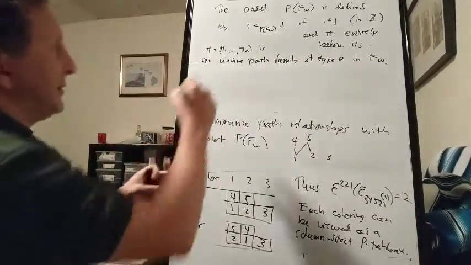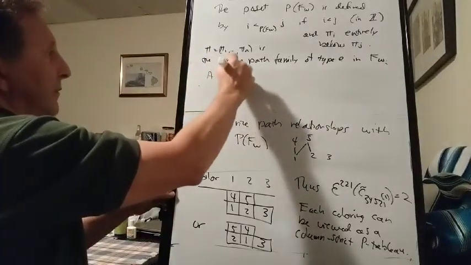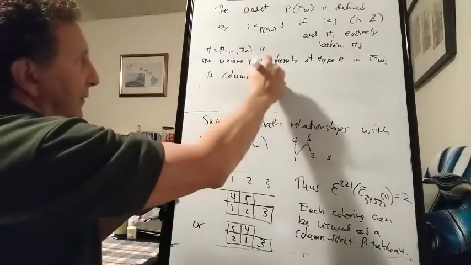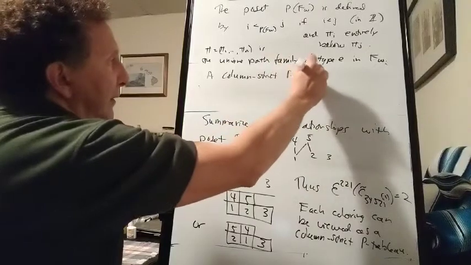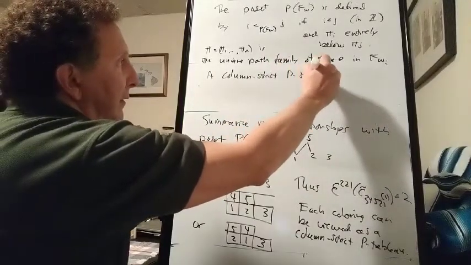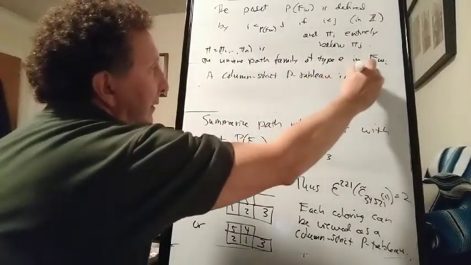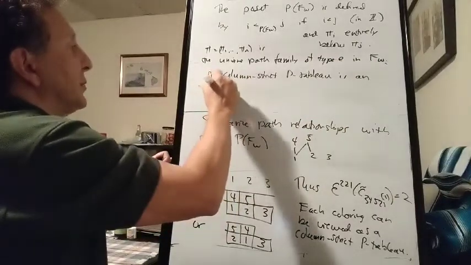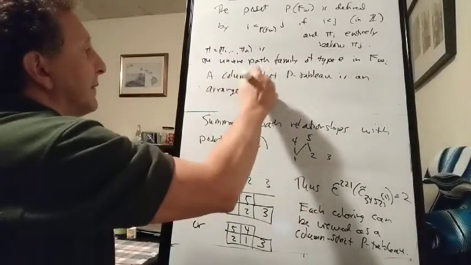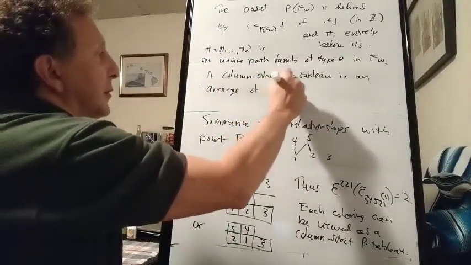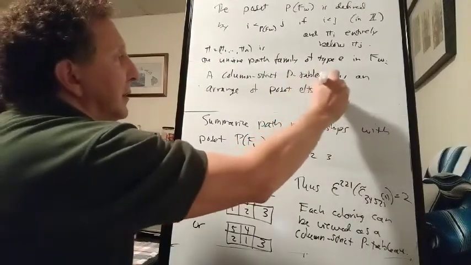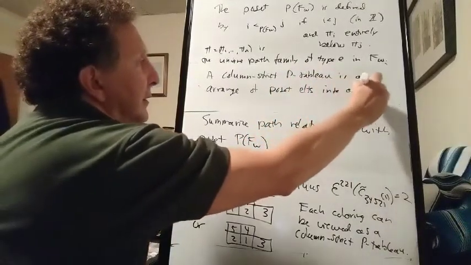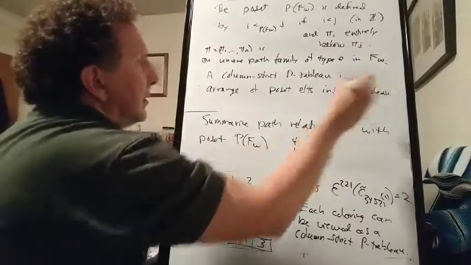And a column strict P tableau is an arrangement of poset elements into a tableau.